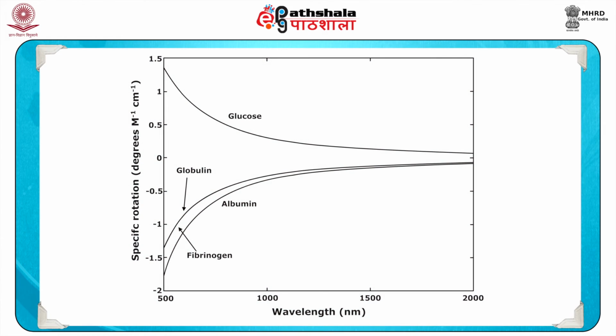An interesting application is using ORD spectra to analyze glucose, albumin and fibrinogen in cells and biological samples wherein light scattering also occurs, which has been accounted for. The spectra were recorded using the biological sample itself.